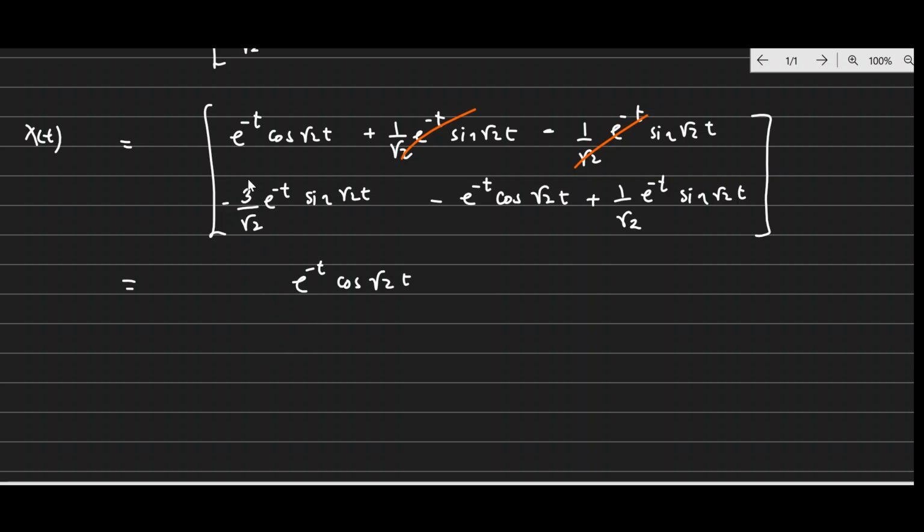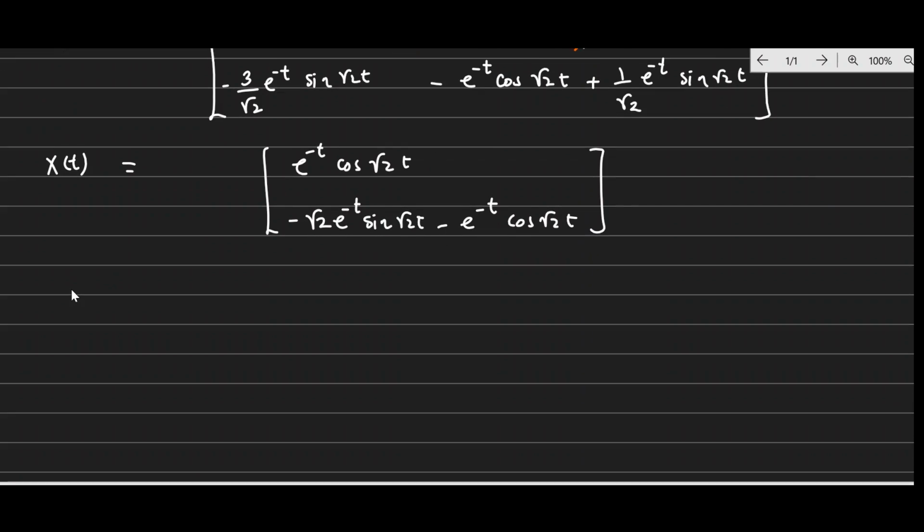So that's negative root 2 e to the power negative t sine root 2t, and then minus e to the power negative t cosine root 2t. So this is our solution, our x of t.